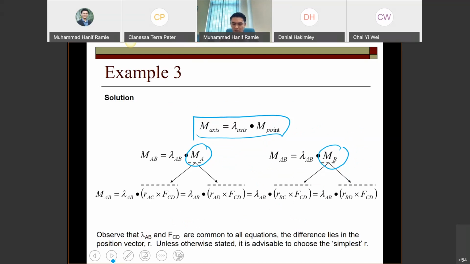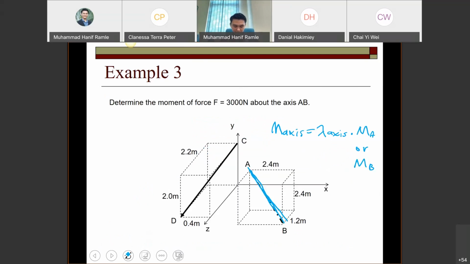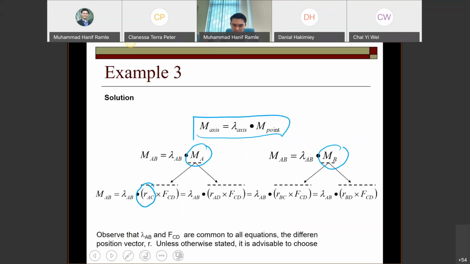The different thing is moment A and moment B. From moment A, we have two different R. The first R is RAC, from A to C. The second R is from A to D, RAD. The rest is similar: FCD and lambda AB are the same.